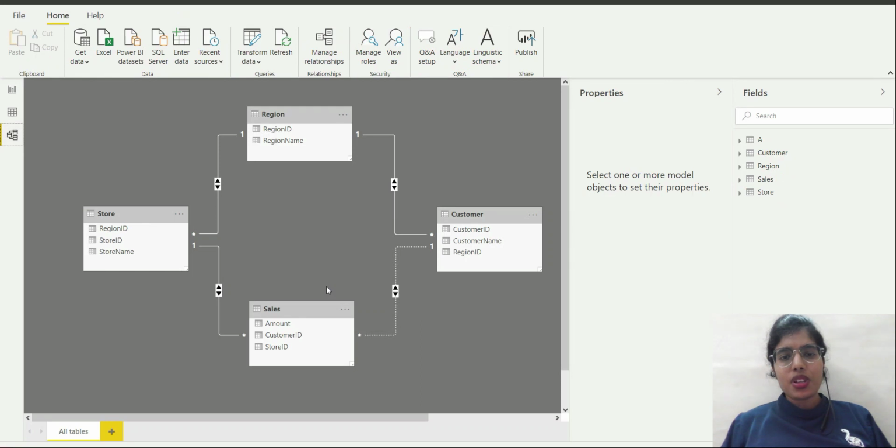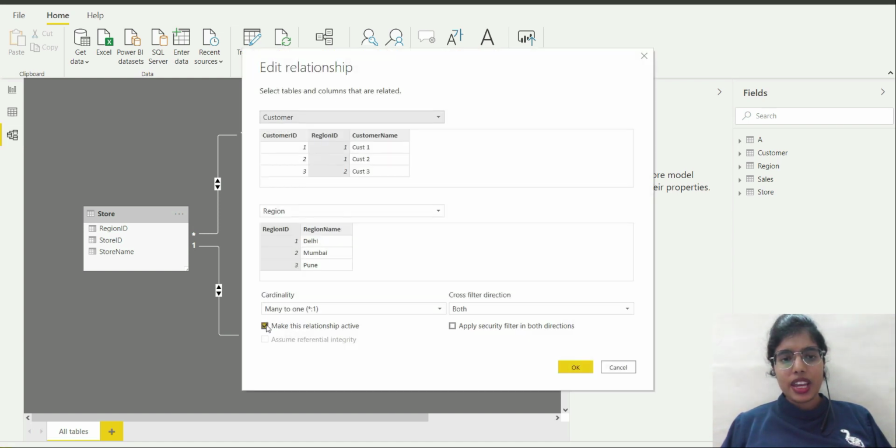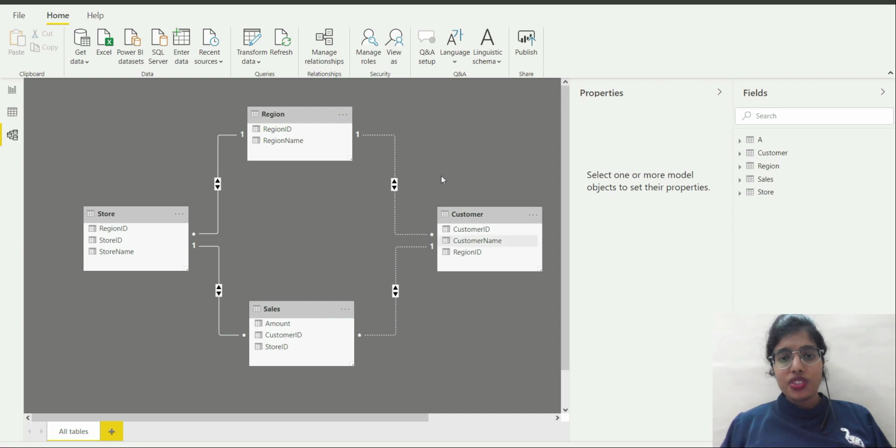So suppose something happens and I by mistake deactivate this relationship or make this inactive. Then what happens? If I uncheck this active relationship, both of them are in inactive state.